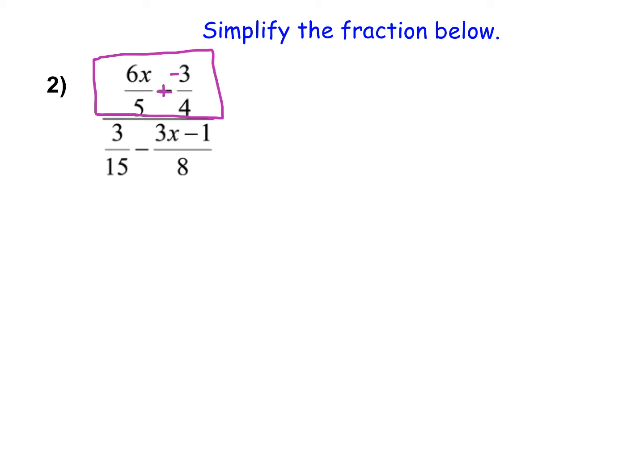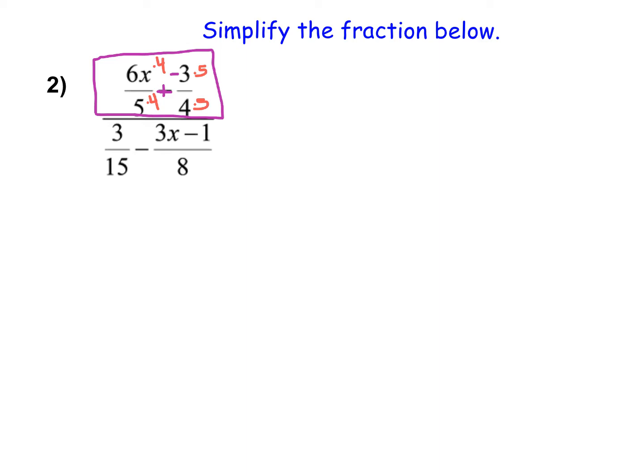So now that I've got this turned into addition, I'm going to get common denominators. And I notice that I have a denominator of 5 and a denominator of 4. So the easiest way to simplify this is to multiply both the numerator and the denominator in the first fraction by 4, and the numerator and denominator in the second fraction by 5.